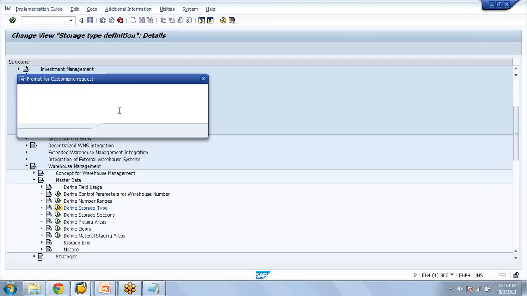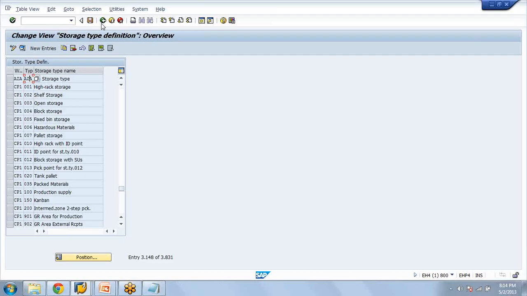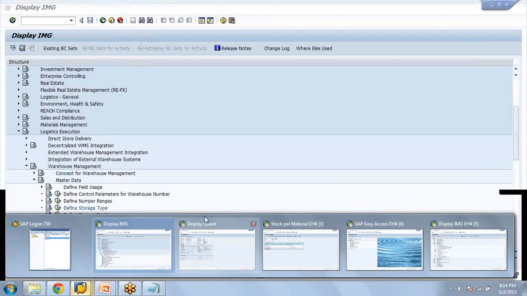So now I have used the addition to existing stock, and I also have given the addition to the stock. So in this case, let's see, it should update the same quant. It should happen. Let's see how it reacts.